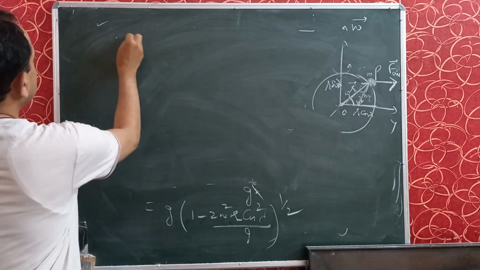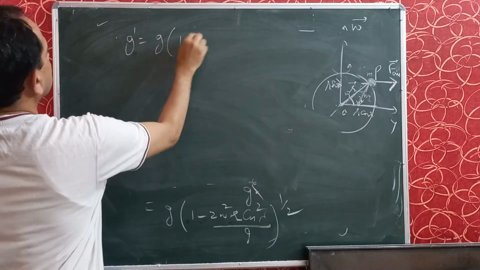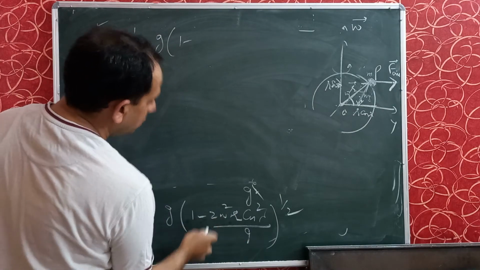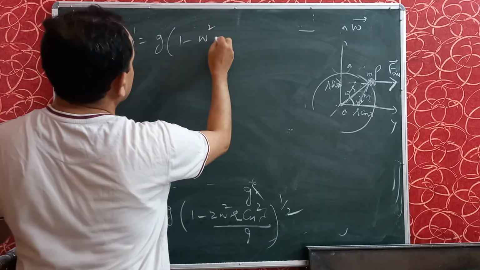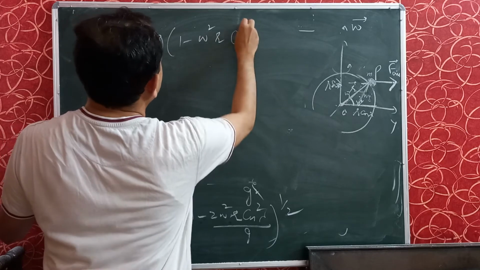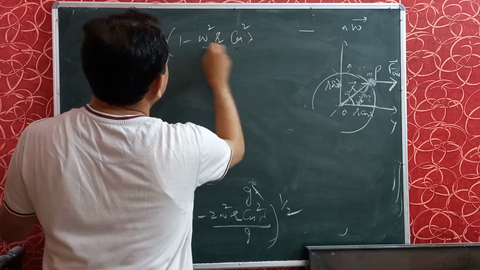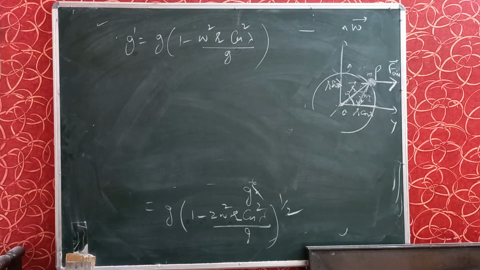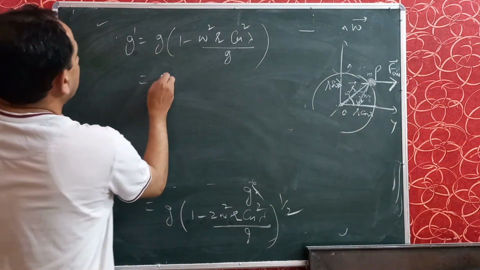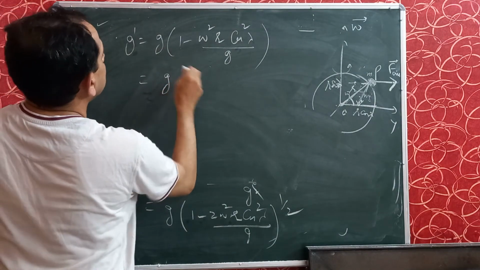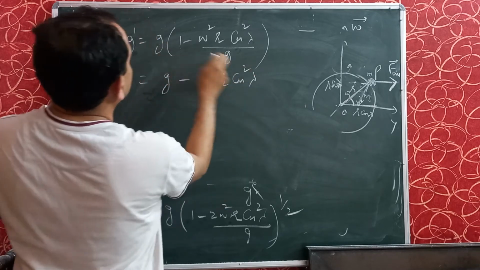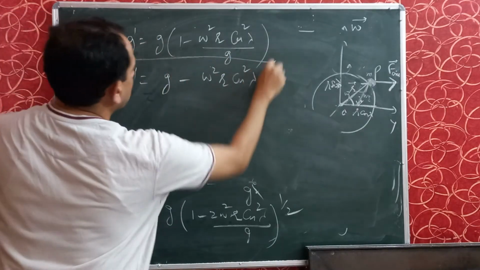So g dash becomes g into 1 minus nx, where half is here and 2 is cancelled, so it is omega square r cos square lambda upon g. Multiplying with g, g dash is g minus omega square r into cos square lambda.